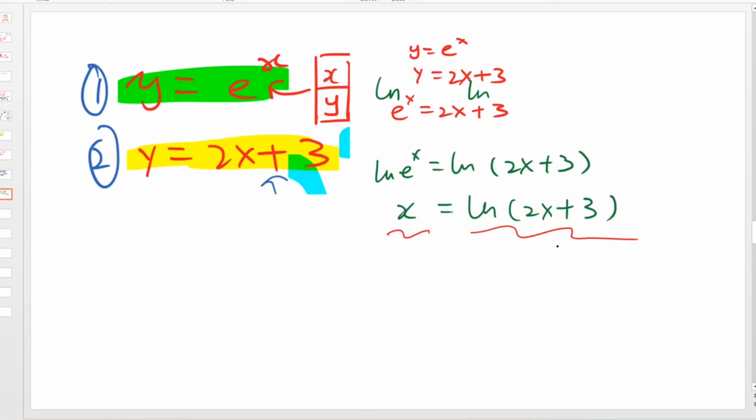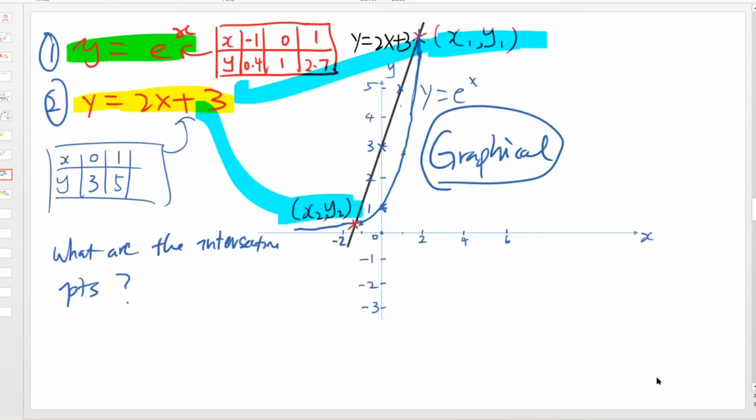I'm just giving you a taste of what you can expect. If you are asked to solve these two equations mathematically, there is no way you can solve, be it set 3 or set 4. So the only way to solve this question is graphical.